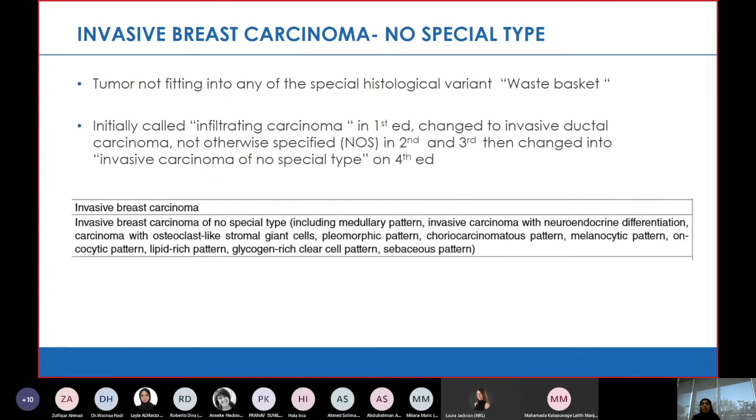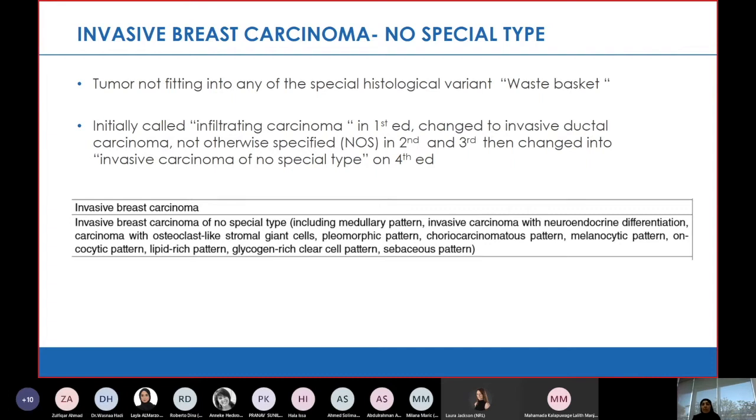Initially, we used to call it infiltrating carcinoma in the 1st edition, but then it changed to ductal carcinoma, NOS, through the 2nd and 3rd edition. And maybe even until recently, most of us used invasive ductal carcinoma, and maybe some people still use invasive ductal carcinoma, NOS.